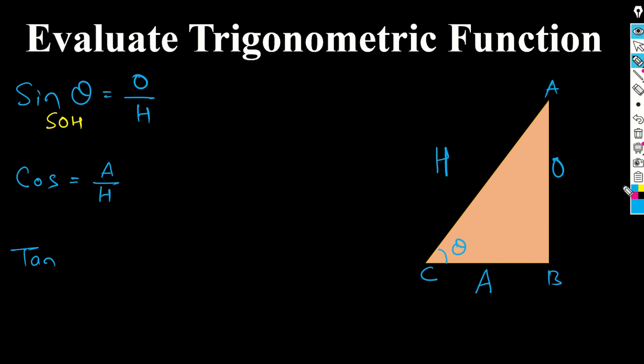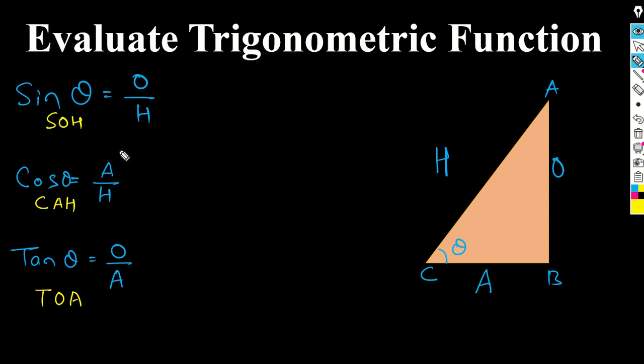This you need to remember, and the shortcut is CAH: cos equals A for adjacent, H for hypotenuse. And next, tan theta equals opposite over adjacent, represented by TOA: T for tan, O for opposite, A for adjacent.